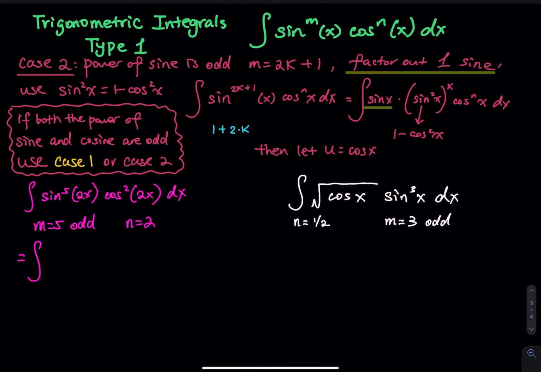Integral, let's factor out a sine. So that will be sine of 2x, and then I draw a dot. When I see this big dot, I know that I already factored out a sine. What's the power? So you have the 4th power.